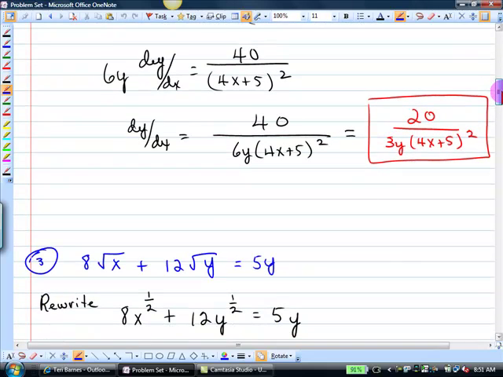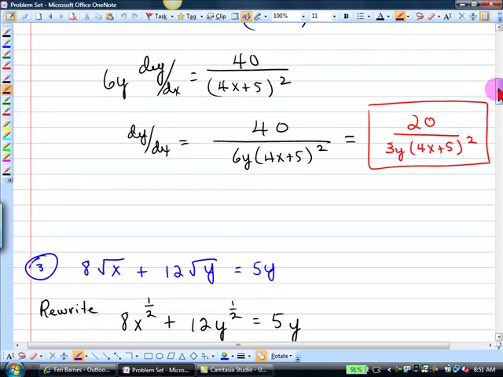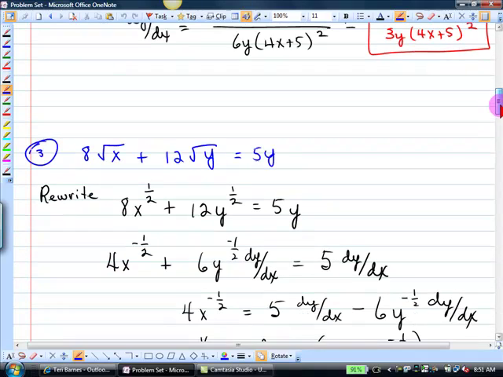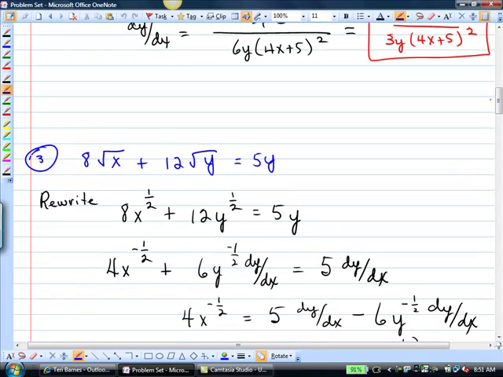All right. Let's look at this one. When you see those square roots, the first thing you want to do if you are doing derivatives, you want to rewrite that as x to the 1/2. So go ahead and get that rewritten.